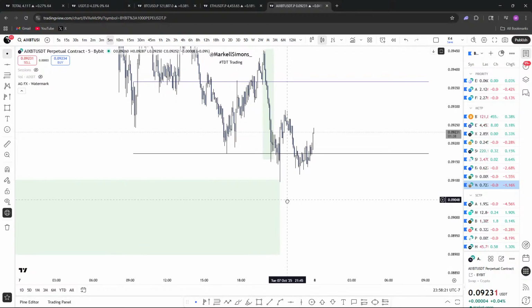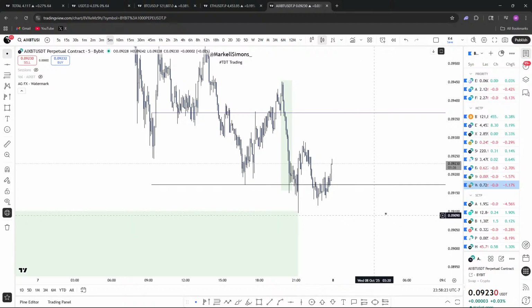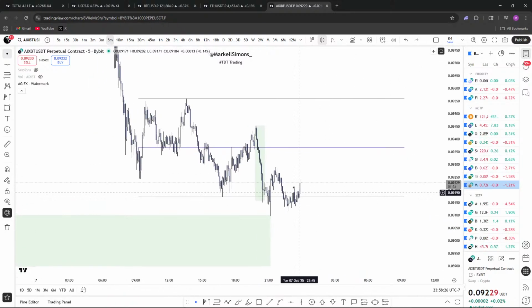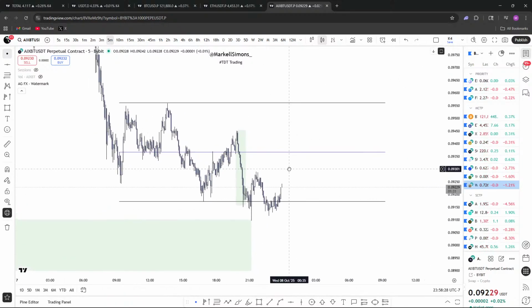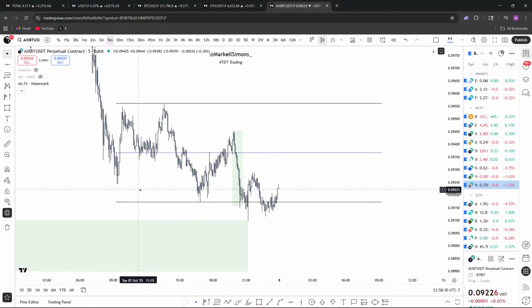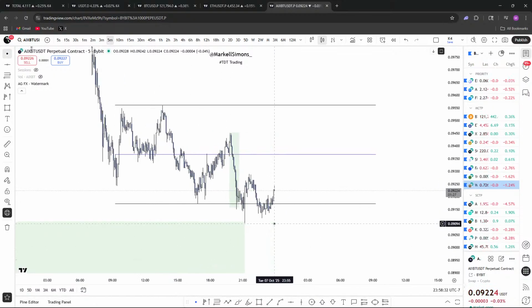I wouldn't trade this. It's not a high probability model. It looked good from first glance. It looked like it wanted to go higher, but at the same time it doesn't.